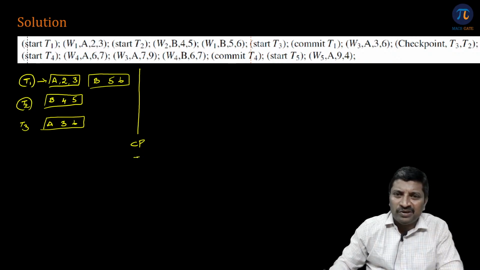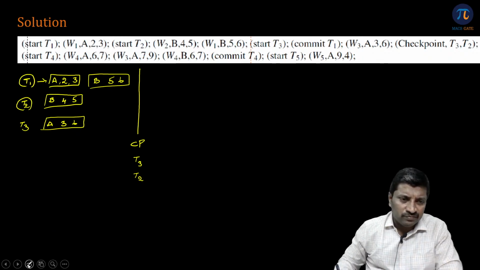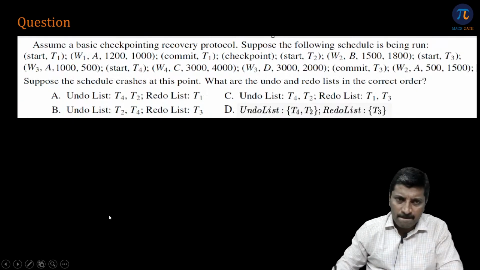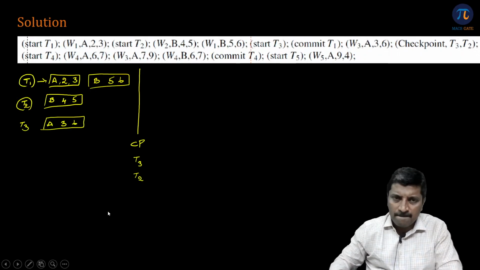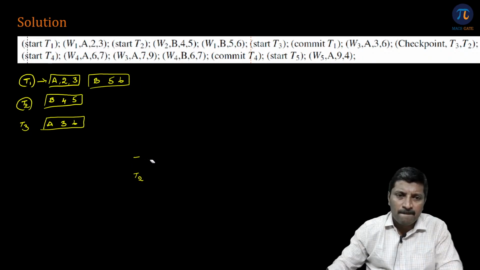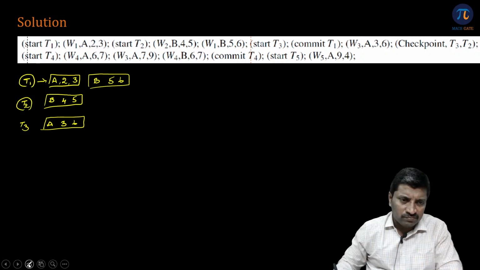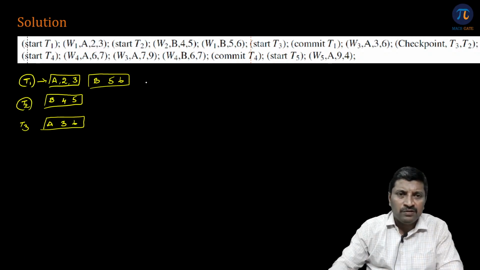Okay, and here they mentioned clearly, observe it, sir. T3, T2. Because T1 already committed, right? I think T1 committed, sir. So in the checkpoint, they mentioned T3, T2.